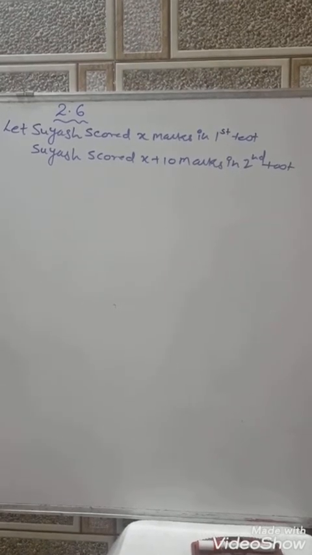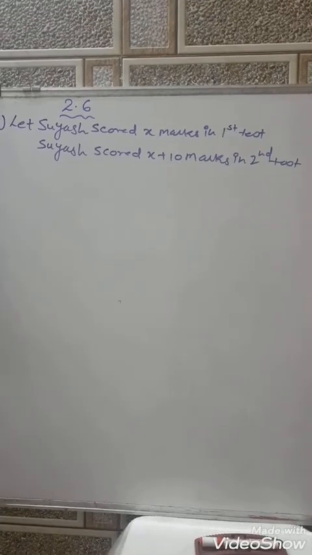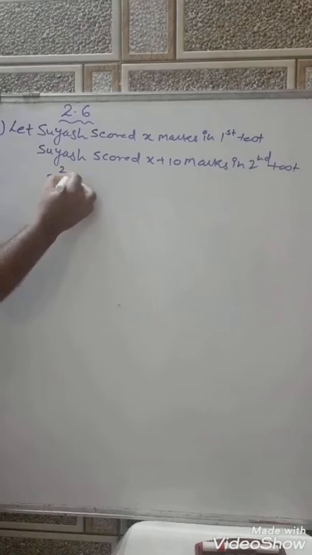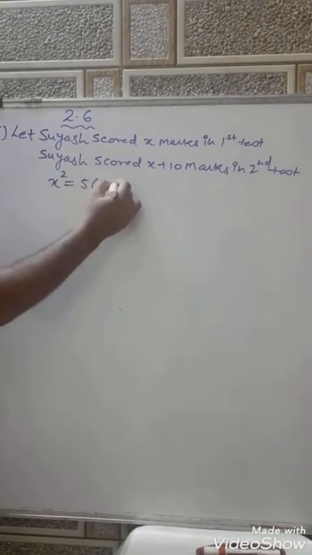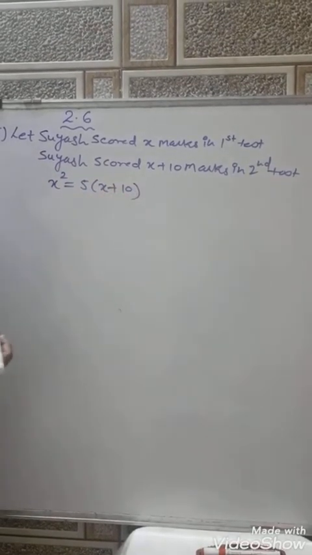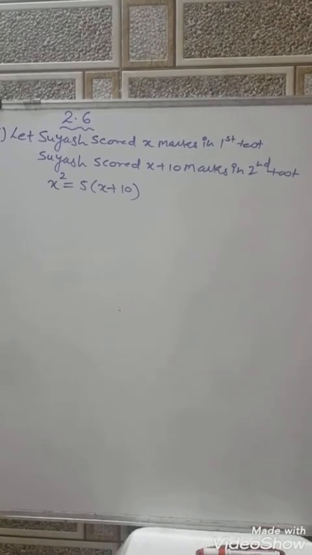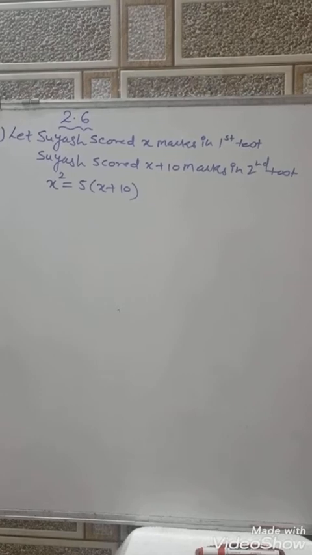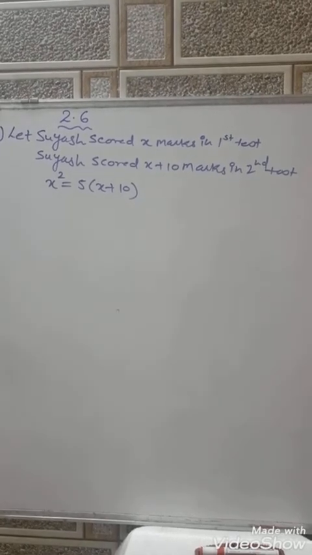So find his score in the first test. So the first test, make it a square of that, and 5 times the score of the second test. So x square equals 5 times x plus 10. That is how we frame the quadratic equation from the given condition.